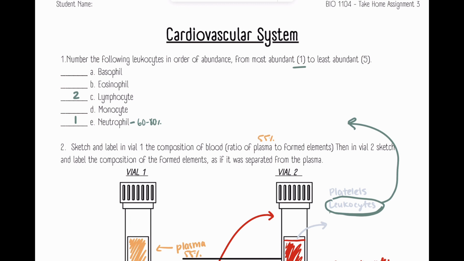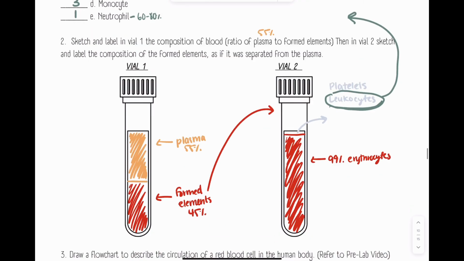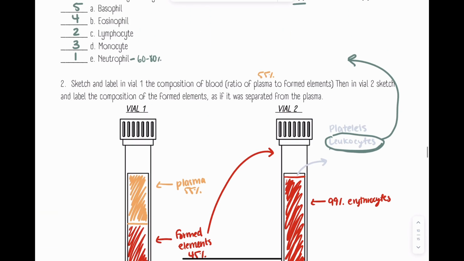Then we'd have our monocytes, our eosinophils, and our basophils. And so that's the order that we would go. Basophils are the least prolific, with less than 1% of leukocytes being basophils. And we'll talk more about that in lab.